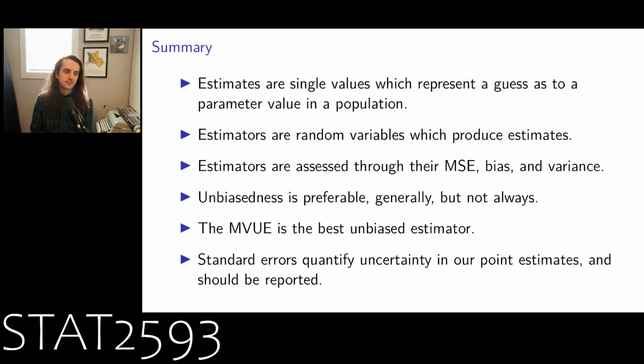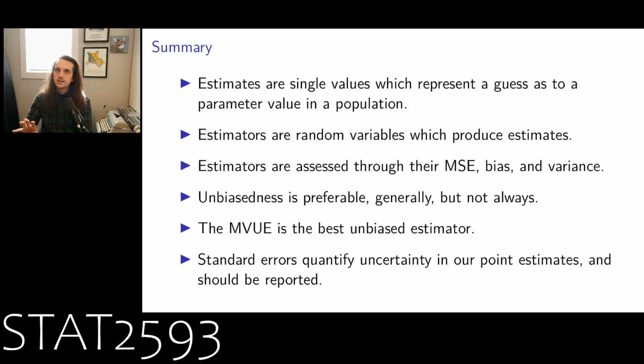So that was a lot to cover. To give a quick rundown of what we just saw, estimates are single values that represent our guess as to what a population parameter actually is. Estimators are random variables, and they produce values which we call estimates. Estimators are assessed through their MSE.